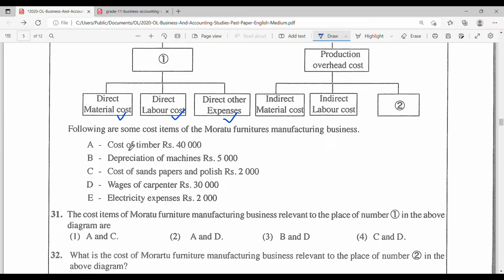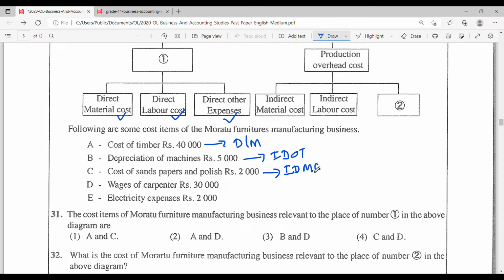Cost of timber, rupees 40,000, falls under direct material. Depreciation of machines, rupees 5,000, would of course fall into indirect other expenses.